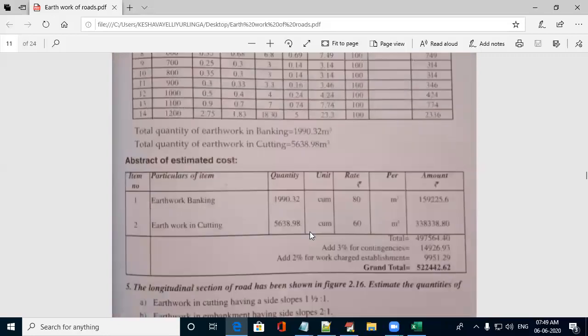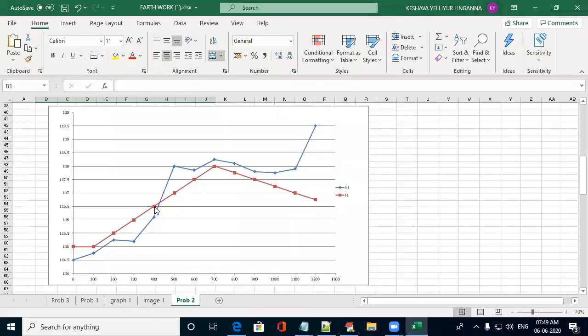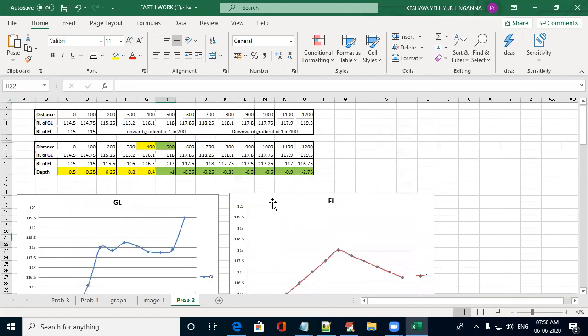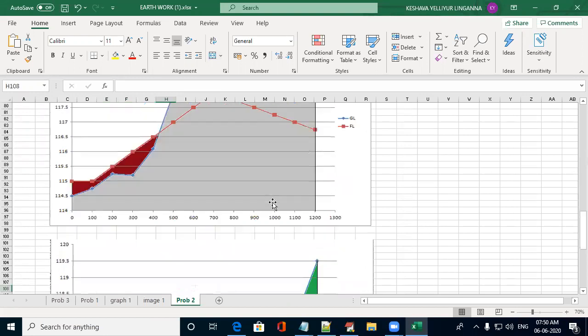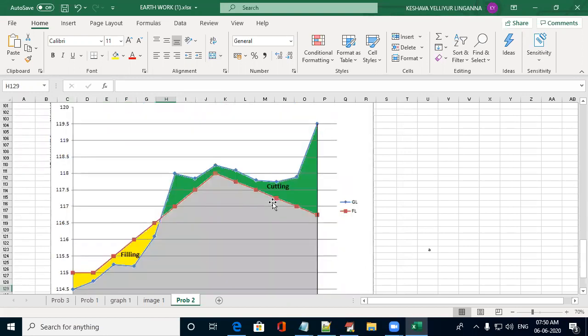Practice this. Try to understand the ground profile first. Why the 0 should be found, that concept you need to understand. Try to think and imagine how the ground profile is and how the calculations you are doing. Everything you have to imagine and understand, then only will you understand the problem.